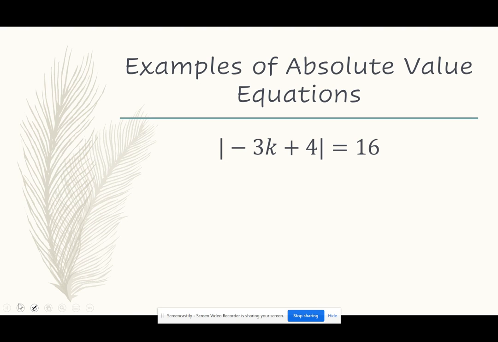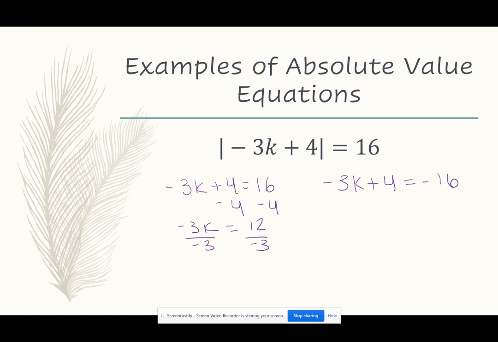So here's another example. Again, the only difference from solving an equation is that once this absolute value is by itself, so we're going to see ones where it isn't, you set the inside of the parentheses equal to the positive answer and equal to the negative answer. Then we subtract 4 to solve this. We get -3k equals 12, divided by -3.